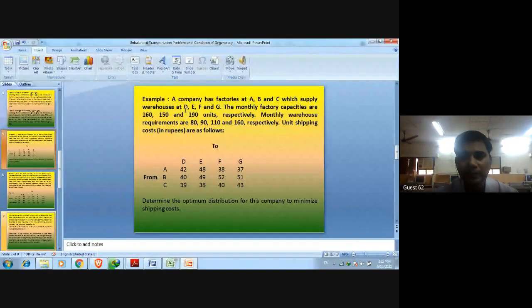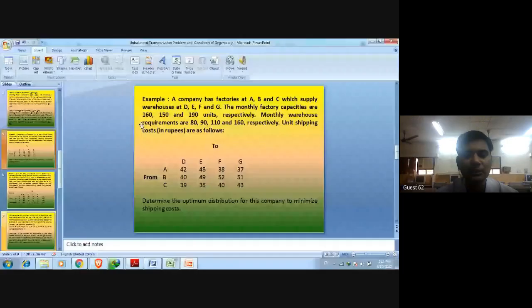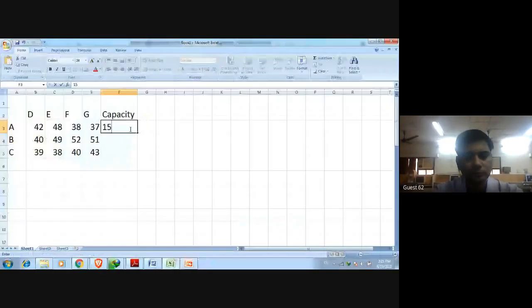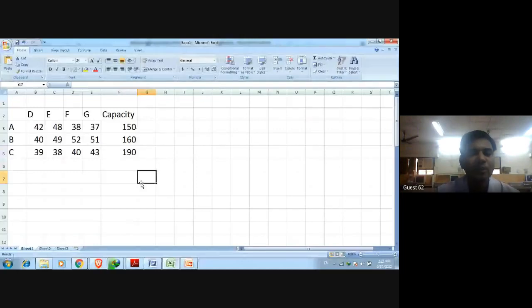The monthly factory capacities are 160, 150, and 190 units respectively. It means the capacity for factory A is 160, for factory B is 150, and for factory C is 190. So we will write down all these capacities in front of the factories. These are the capacities of the factories.